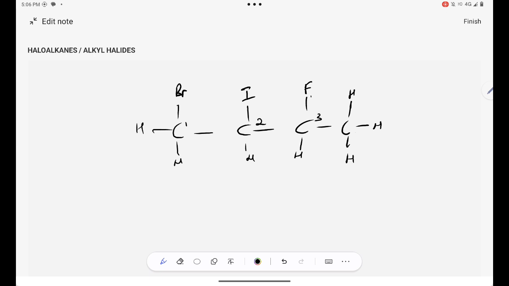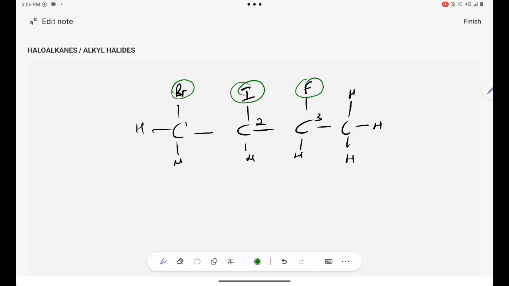Yeah, why not? Okay, let's say, guys, we have a structure like this. We have 3 different types of halogens. I know that, guys, this is bizarre. You'd hardly get something like this, but since I'm teaching you how to name these organic compounds, I think it will be helpful for you to know.